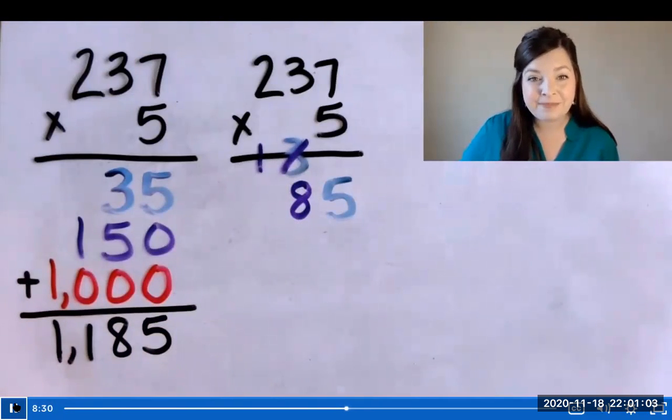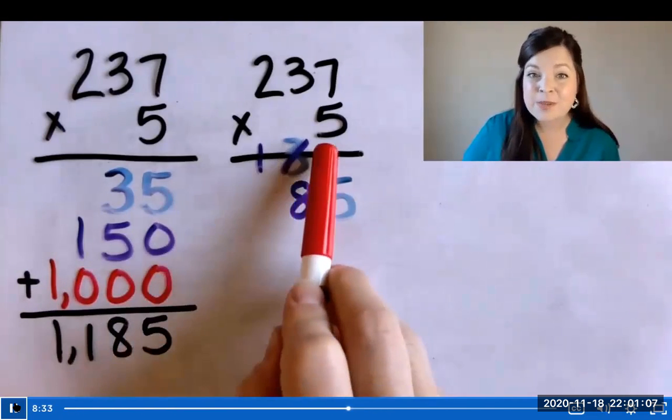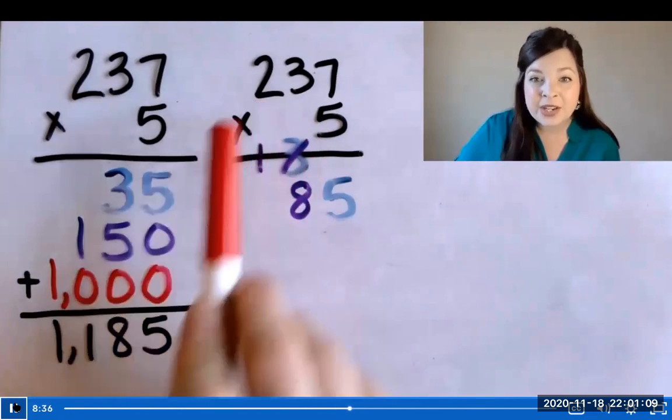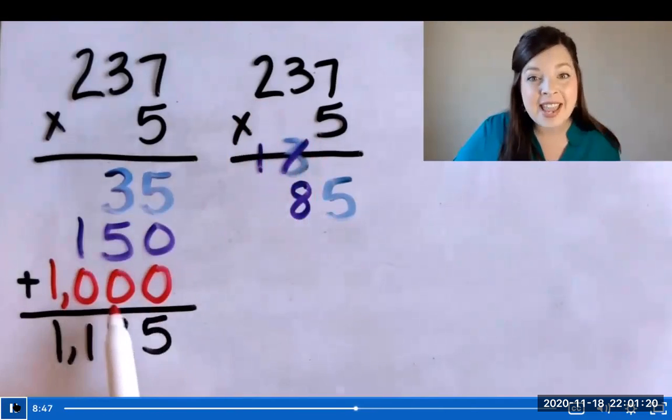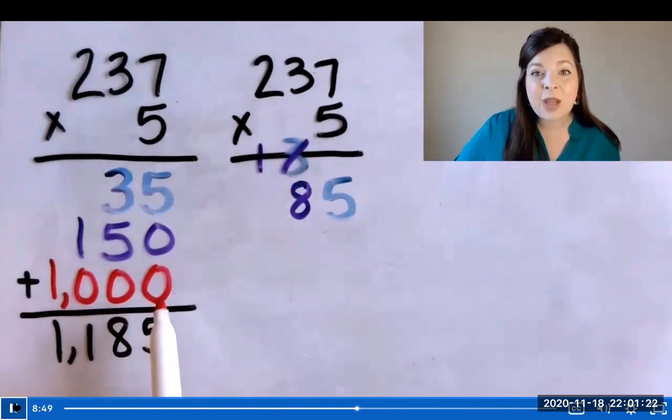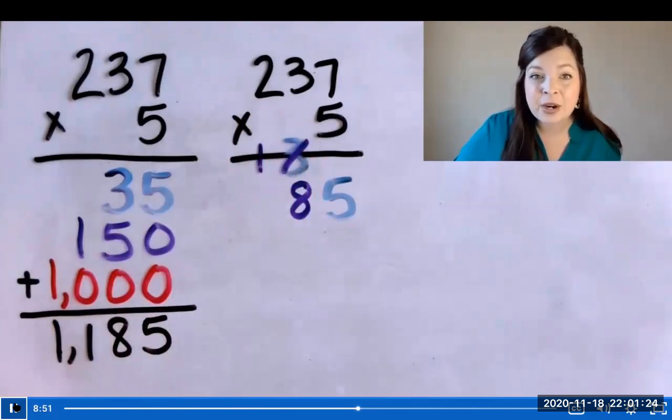Now, what do we do next? Next, we multiply 5 times 2 hundreds to get 10 hundreds. Where do we see 10 hundreds in our partial products? 10 hundreds is the same as 1,000, and we see that on the third line in our partial products.